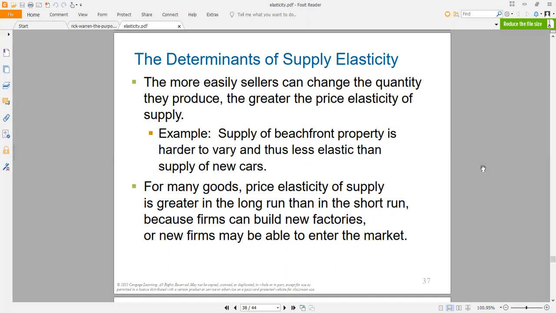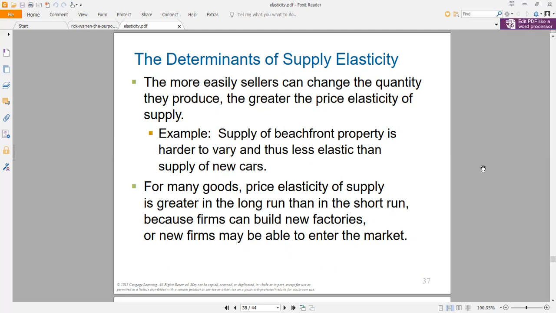So if you take housing and building of cars, we can build cars at a faster rate than building houses. It means that the supply elasticity for cars will be higher than that of houses, because we can easily vary the quantity that we have.